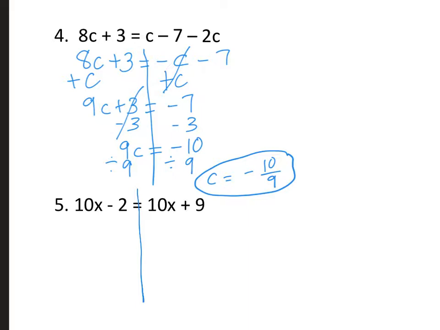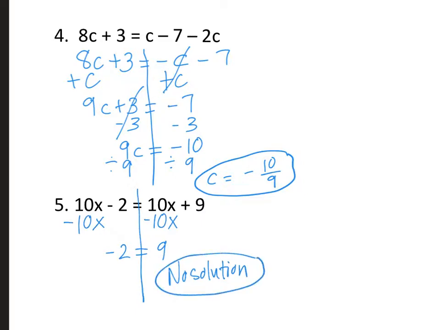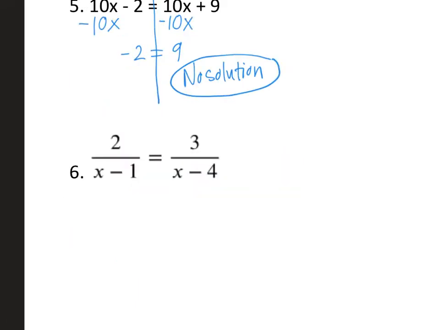Both of them are 10, and if I subtract 10 on one side, then I don't have a variable left, and what I'm left with is negative 2 equals 9. We know this isn't true, and since we have no variable, there is no solution for this problem. So that is the answer, that there is no solution. On the front page, you're going to type into the table for number 5, no solution.